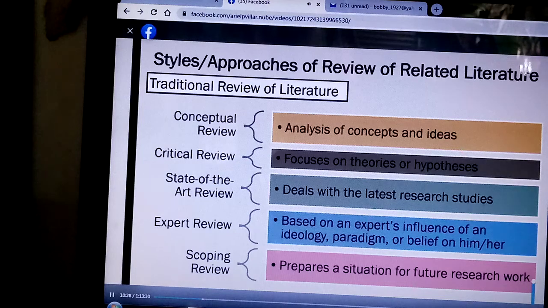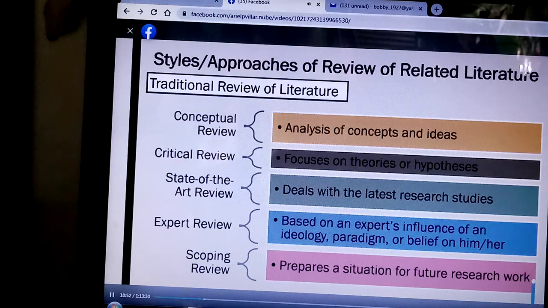Actually, when you do conceptual review, okay, it is there that you try to explain certain concepts already. Minsan, madalas dyan nanggagaling ngayon yung conceptual framework, no? You try to explain what are the concepts of the different experts or the different authors, no? Kaparehas din siya halos ng critical review, which is what?